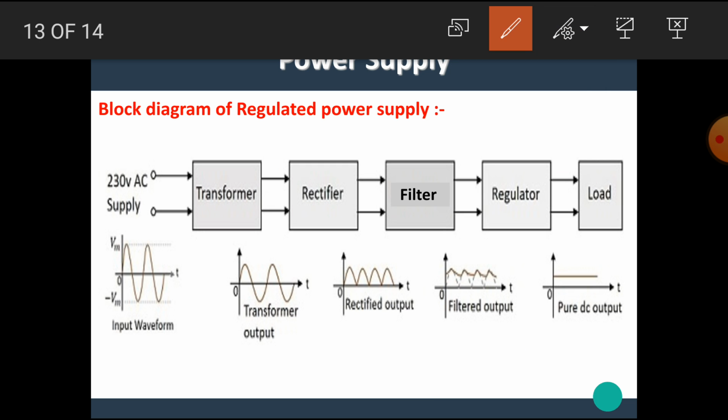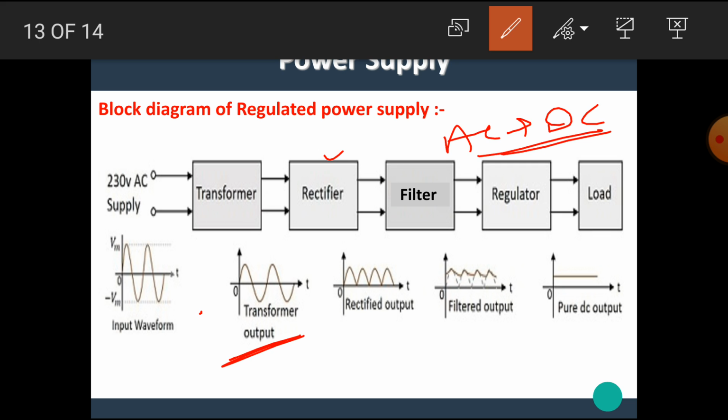Now the output of the transformer is given to the rectifier. The rectifier is an electronic device which converts AC into DC. There are three types of rectifier: half wave rectifier, full wave center tap rectifier, and full wave bridge rectifier. The rectifier converts AC into DC.